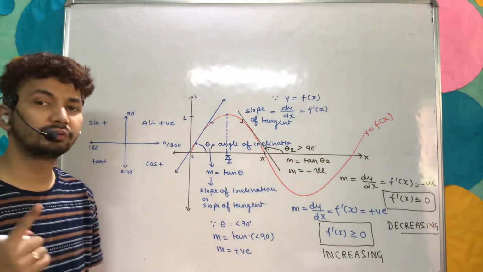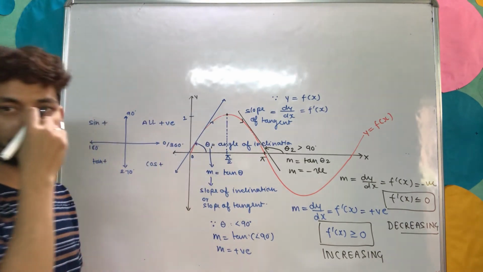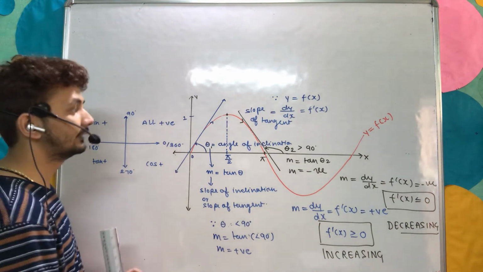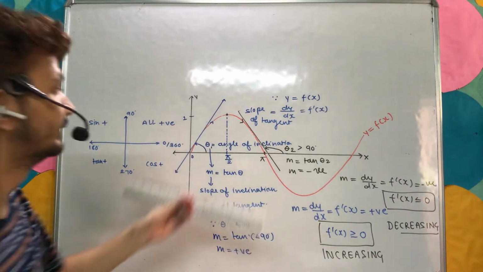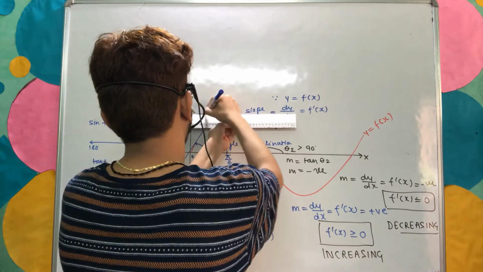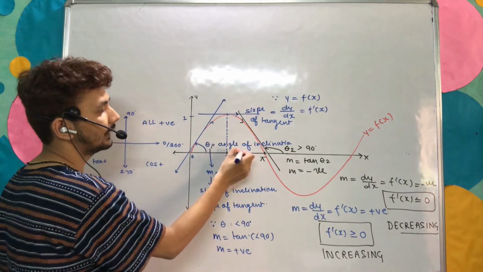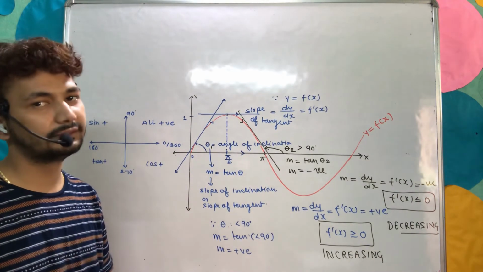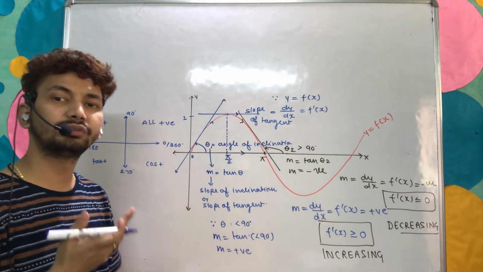Now one question will arise here: what about this point? The function is neither increasing here nor decreasing. If I draw the tangent at the tip of this point, I will get a tangent which is parallel to the x-axis.